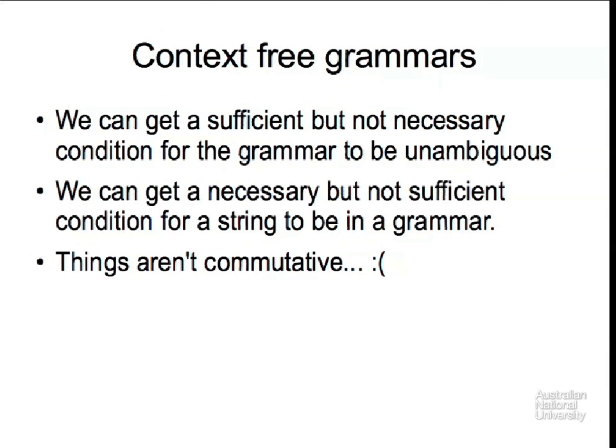We can use this kind of work to get a sufficient but not necessary condition for a grammar to be unambiguous. We can also sadly get a necessary but not sufficient condition for a string to be in a grammar. And there's a sad face there because I was really hoping to have cool results here. But it turns out that you can't actually do this stuff very sensibly because you get awful things like uncountable infinities. Anyway, that's pretty much the end of my talk.